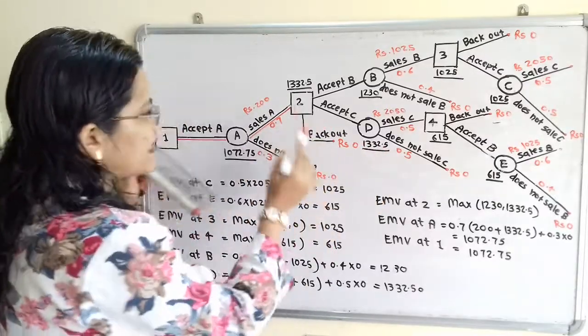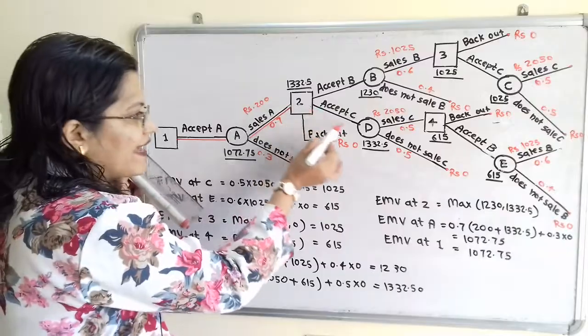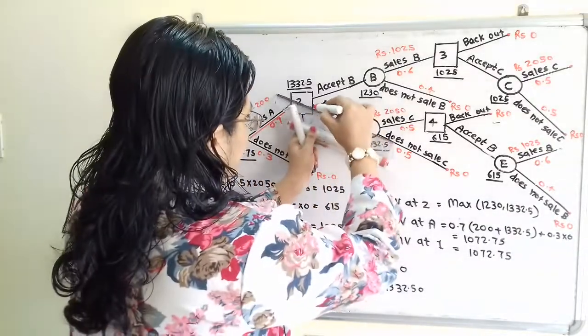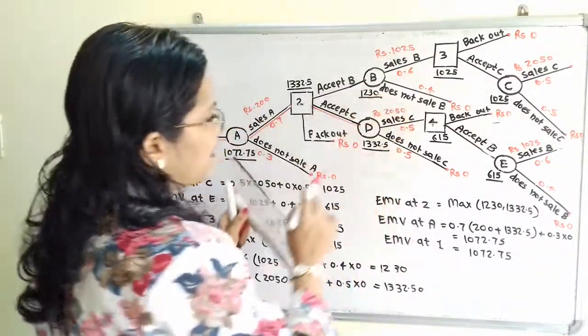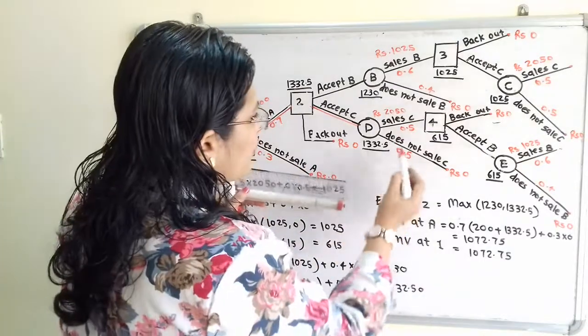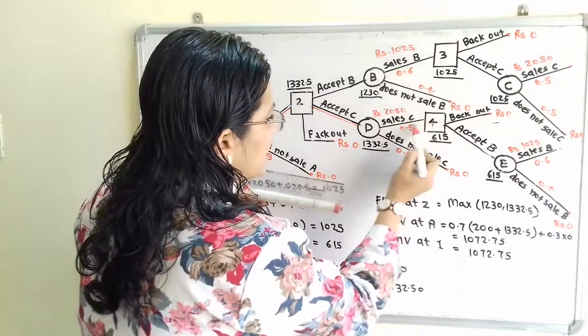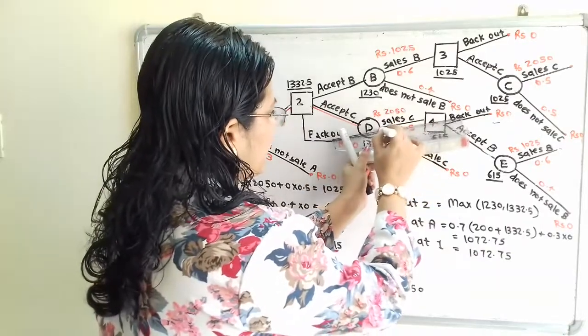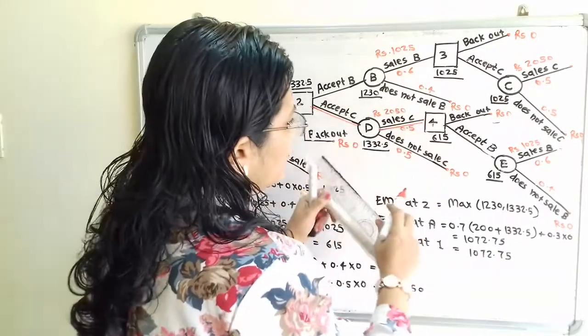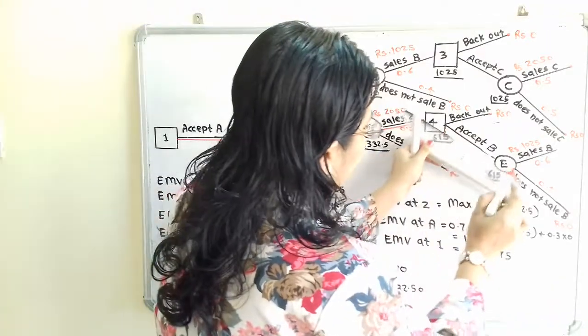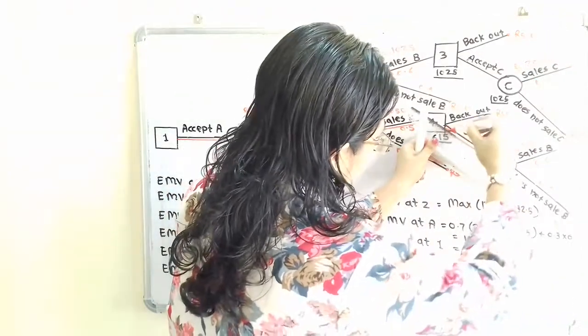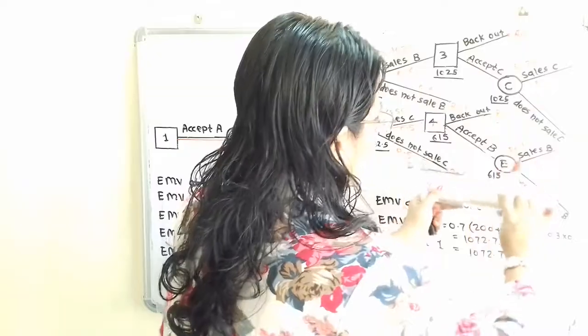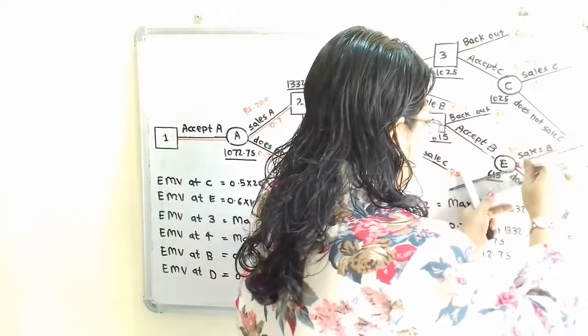So we have to take the second decision to accept C, that we have to select the maximum value. Then again we have to take this fourth decision with sell C. Now here we have to accept B, and then we will make here this sell B.